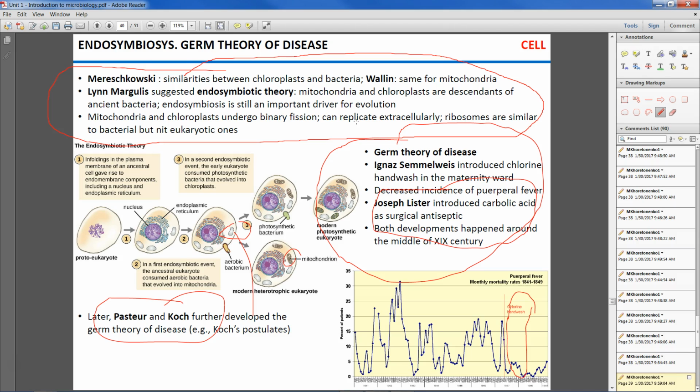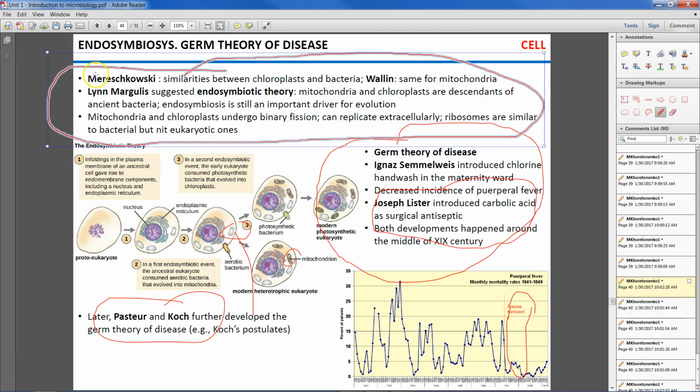Lynn Margulis proposed, based on the data from Merezhkovsky and Wallin, that mitochondria and chloroplasts initially were bacteria. Chloroplast was a photosynthetic bacteria.